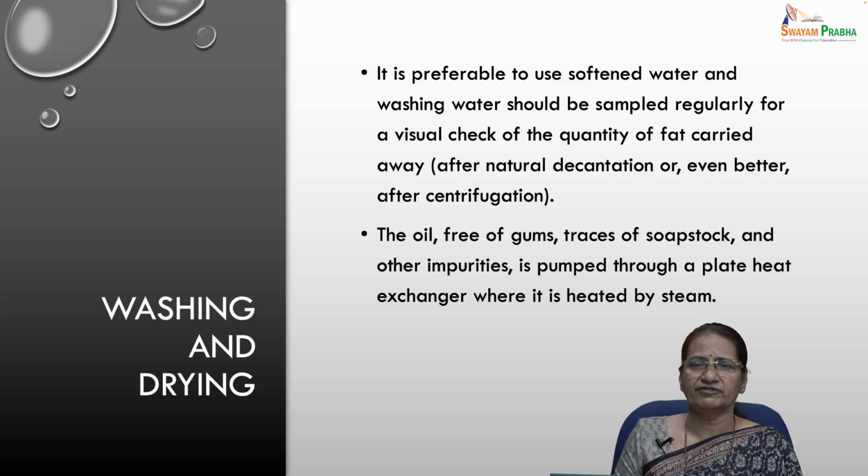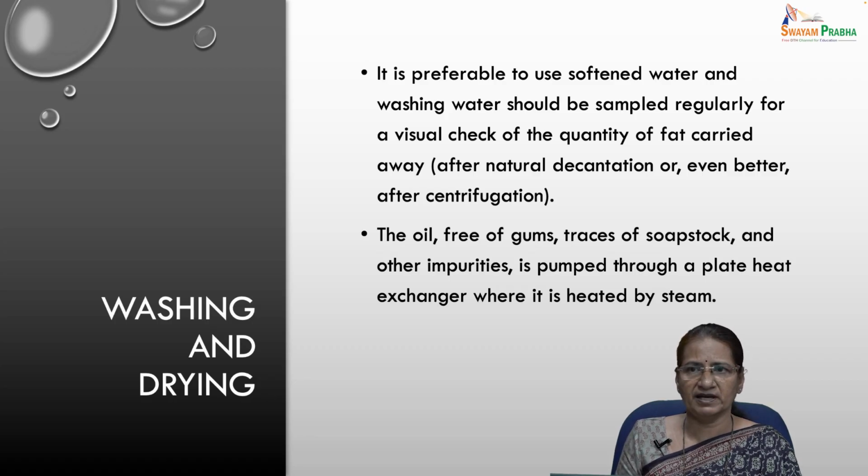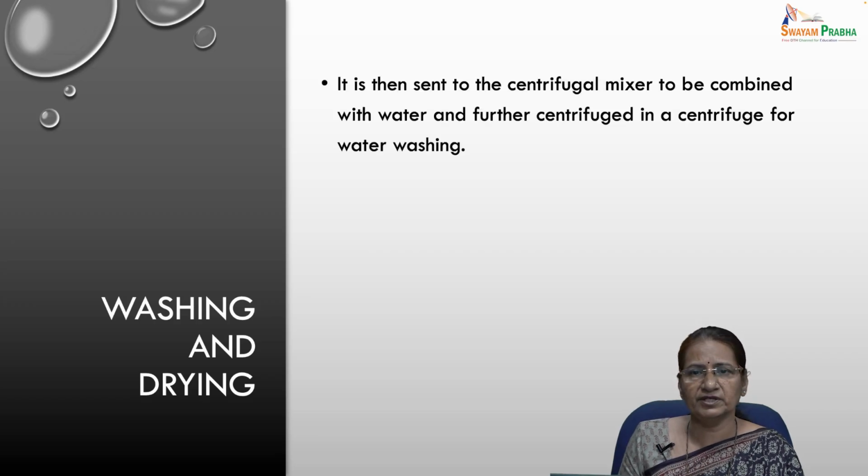The oil free of gums, traces of soap stock and other impurities is pumped through a plate heat exchanger where it is heated by steam. It is then sent to the centrifugal mixer to be combined with water and further centrifuged in a centrifuge for water washing.